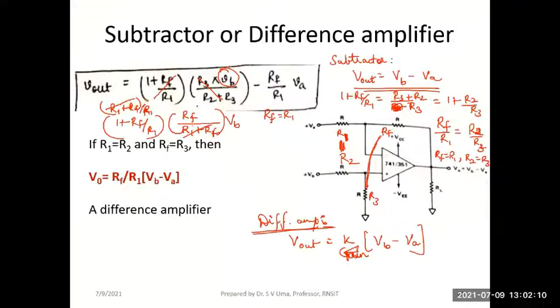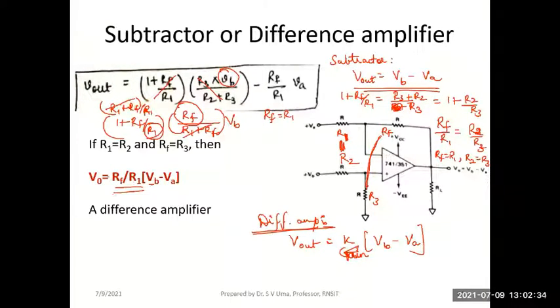I have Rf term here and R1 term here, which is retained. So Rf by R1 will be left out from the first term, Rf by R1 into VB. And from the second term also Rf by R1 is left out. So you can take out Rf by R1 as the common factor into VB minus VA.